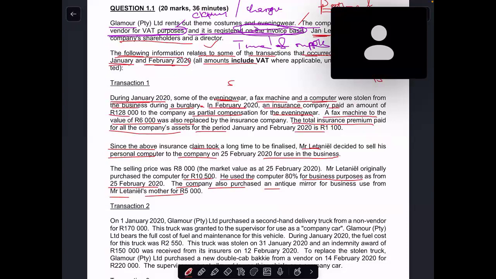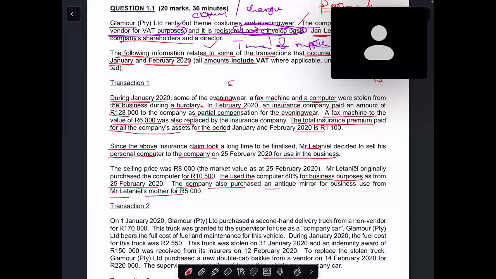So we bought an asset from a non-vendor. An individual is a non-vendor. So we are going to claim a notional input. This asset is a second-hand good. Why are we saying it's a second-hand good?